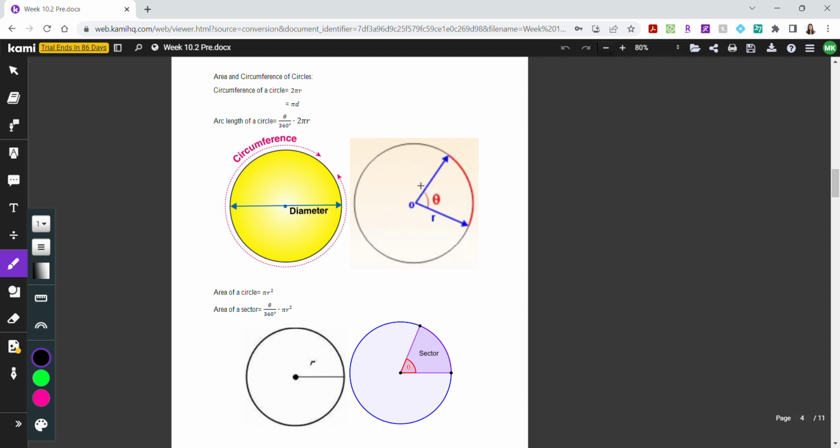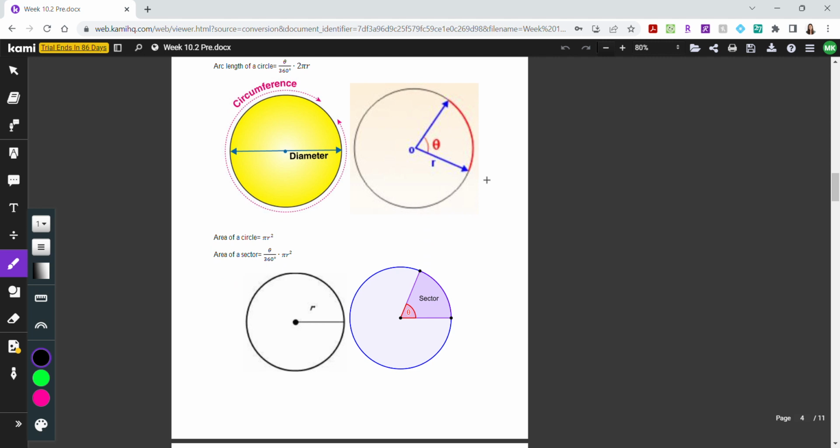We know the entire circle has a total angle of 360, which is why you take theta divided by 360 times 2 pi r or pi d. And that's how to find the circumference and arc length of a circle.